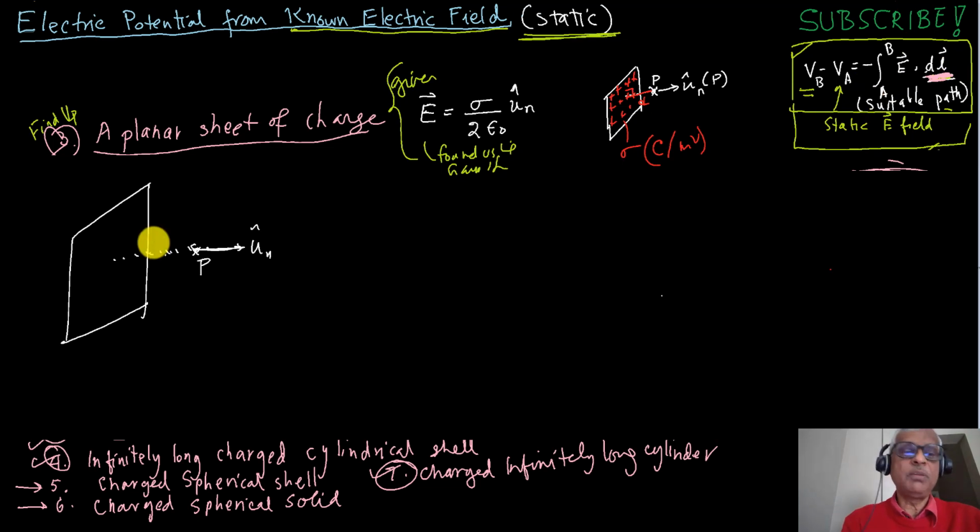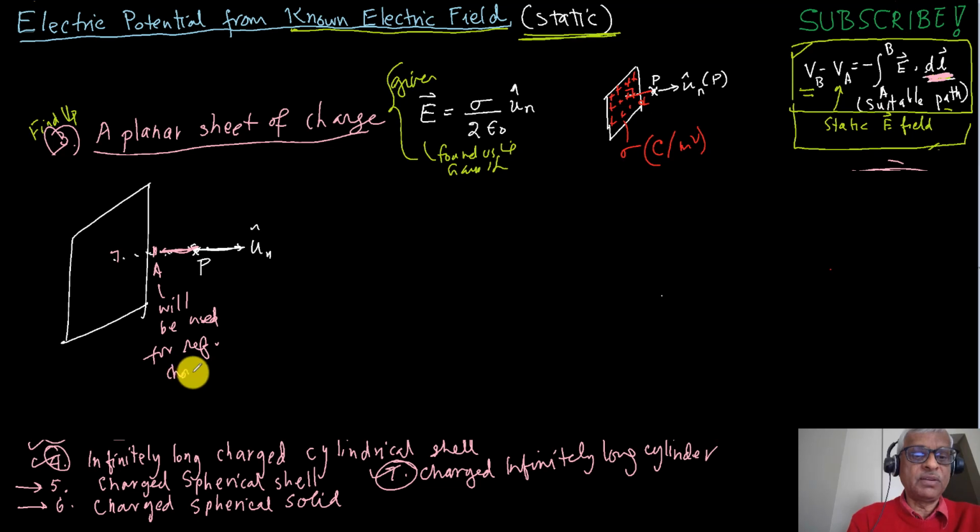So I'm going to pick some point A over here, and we're going to do the integral from A to P, in the same direction, where this normal hits the plane. That will become the choice of reference.